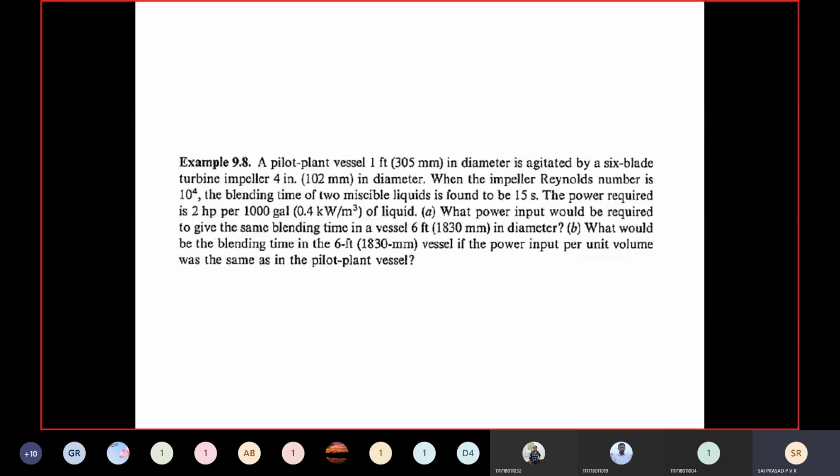So now what we should do is write down the formula for power consumption. Already I gave you the formulas, and it is 10 to the power of 4, which means it is turbulent flow. So hence you know what formula you are going to use. First step is we will write down those formulas, and then we will also write the formula for mixing time factor, because mixing time factor is a product of small n into Tt. What is small n, sir?